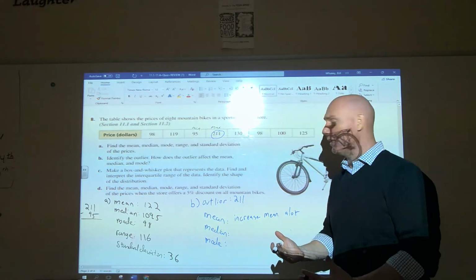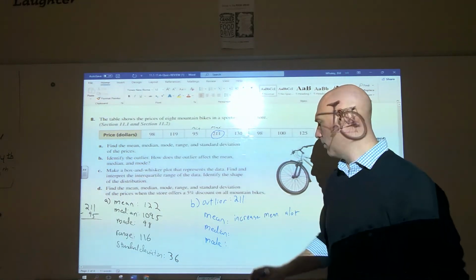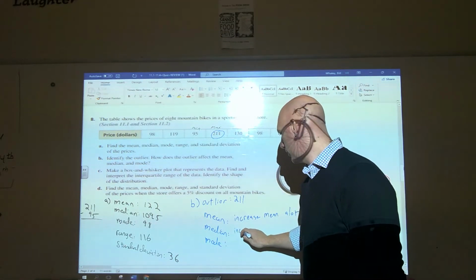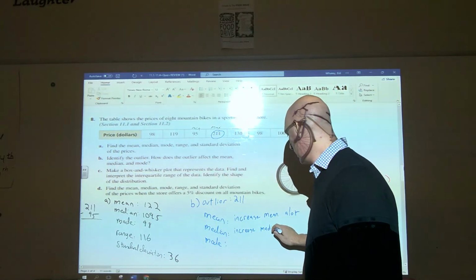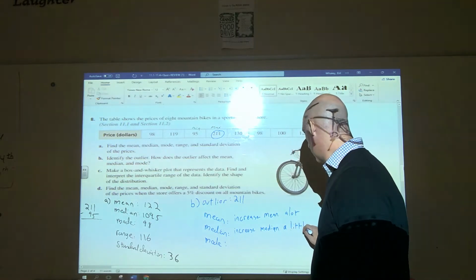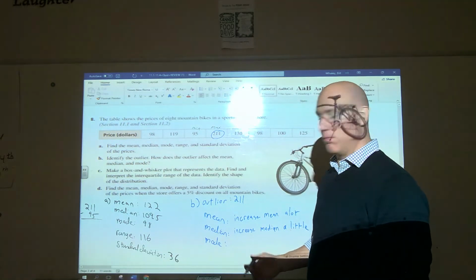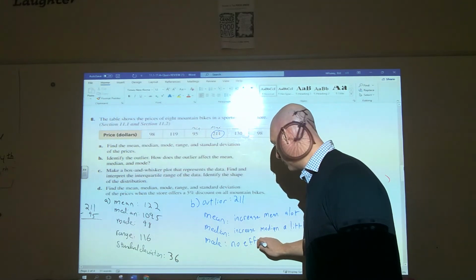What does it do to the median? It will still increase the median, but not near as much. So we'll increase the median a little. And then the mode, it has no effect.